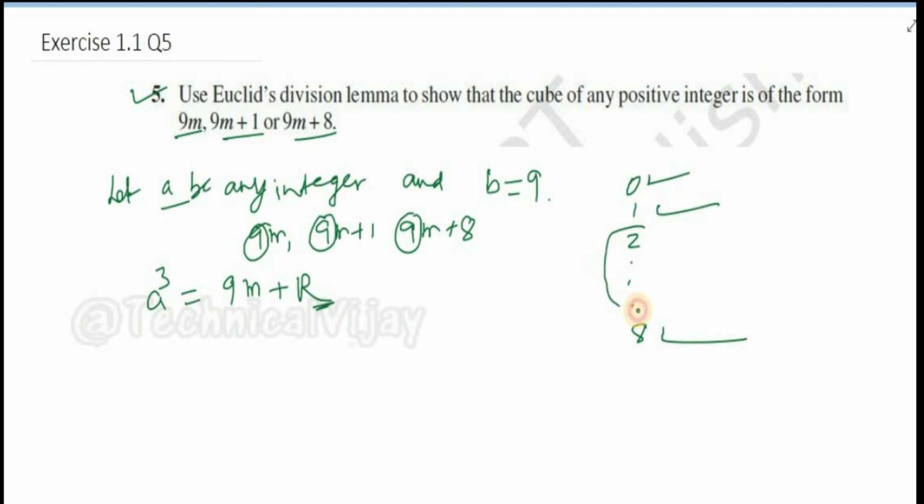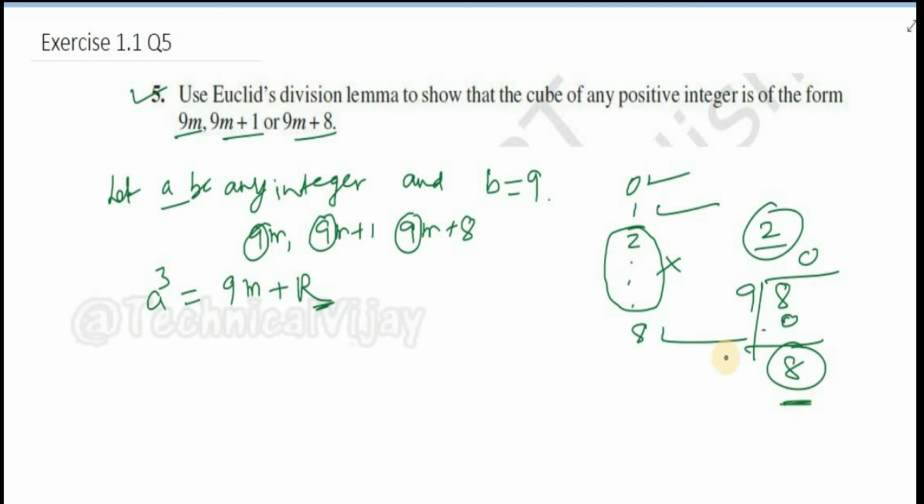All the others are not possible, which we will see here. Take the number 2: its cube is 8, divided by 9, the remainder will be 8 only.